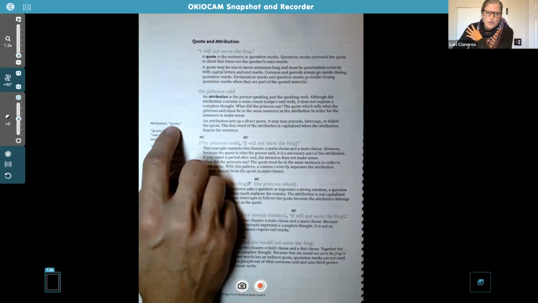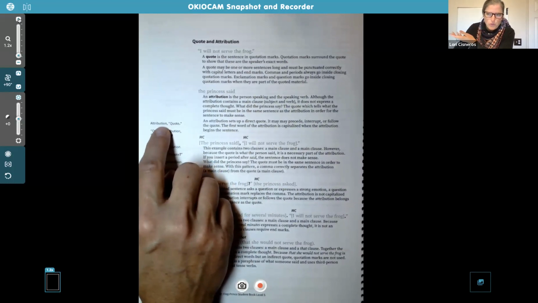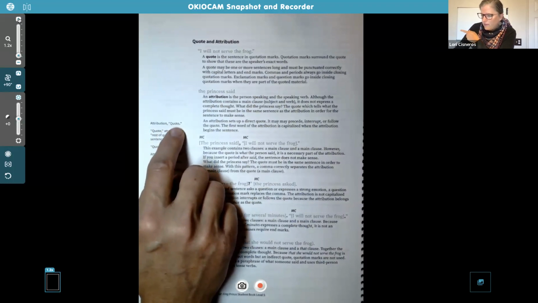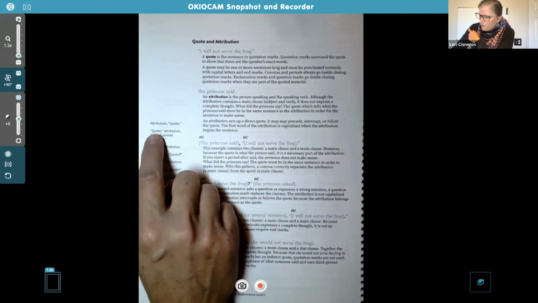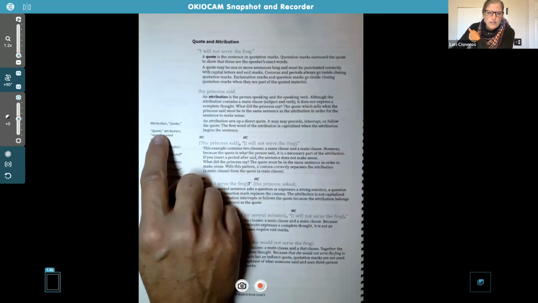And here's how you punctuate. So the attribution, that's who's speaking. Tom Sawyer said, comma, and then the quote and the period inside the quote. Here's an example of the quote first, then the attribution. Notice the comma is on the inside of the quotation mark.